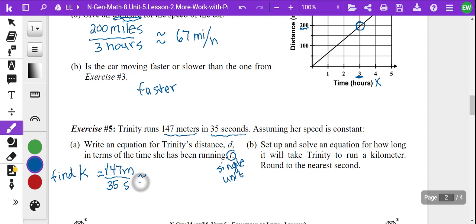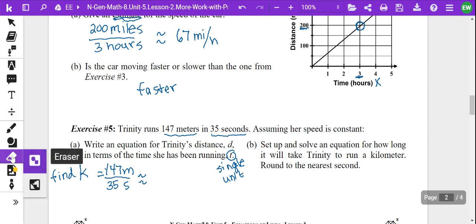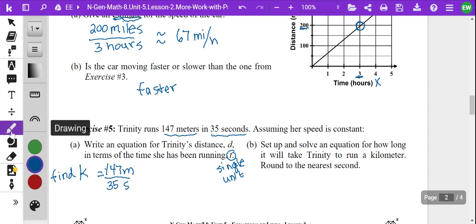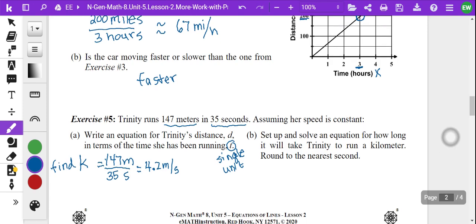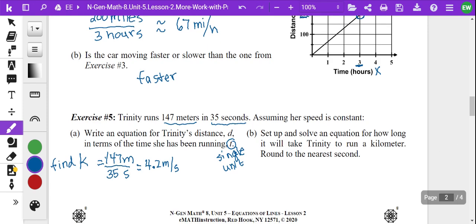We're going to have to do an approximation for this one again. Oh, no, we're not. You don't even have to round. It is 4.2 meters per second. So how would we write that in terms of d?